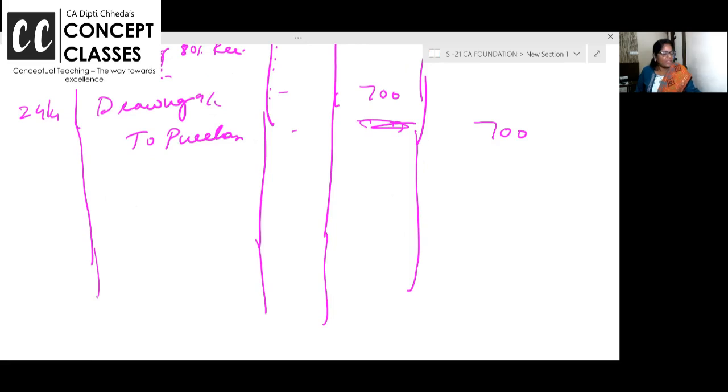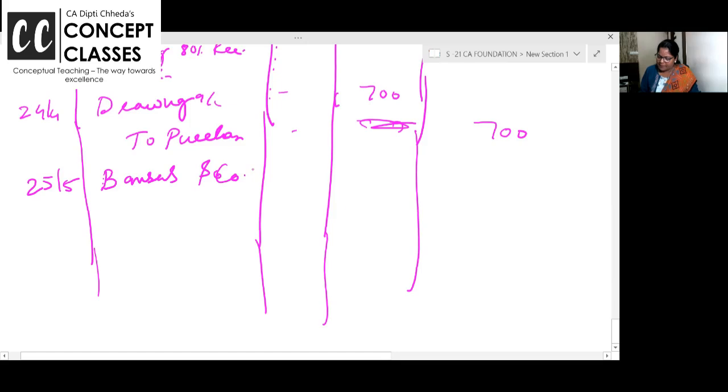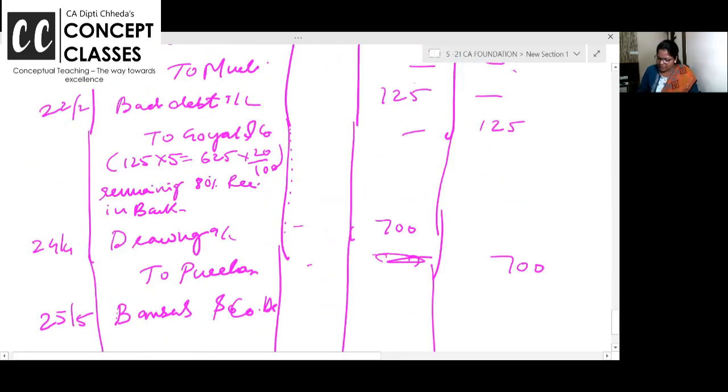A check of 3,500 received from Mittal and Co. endorsed in favor of Bansal. Now this is new for all of you. We are receiving the check and we are giving it to another party. So debit the receiver. Who is the receiver of this check? Bansal and Co. debit. And who is the giver?